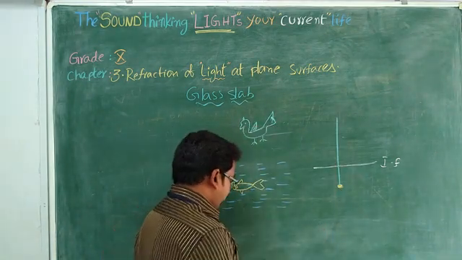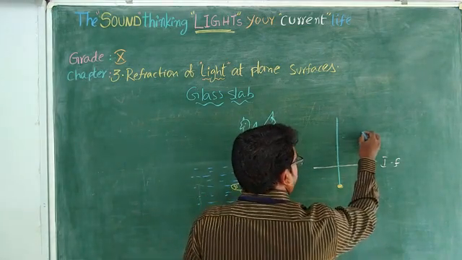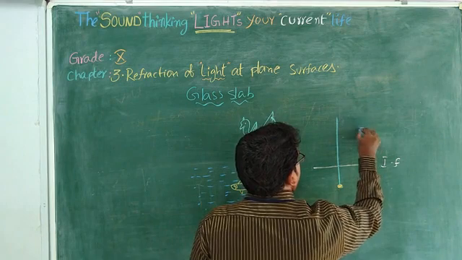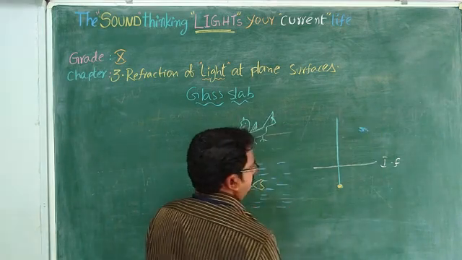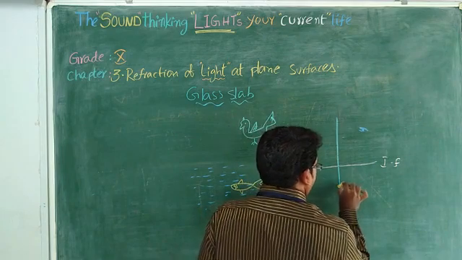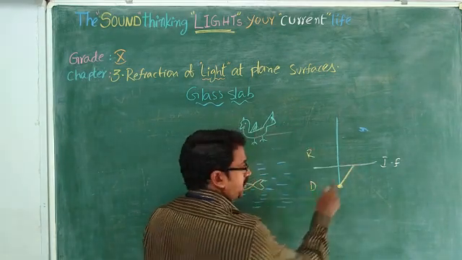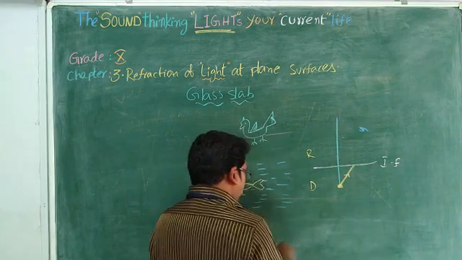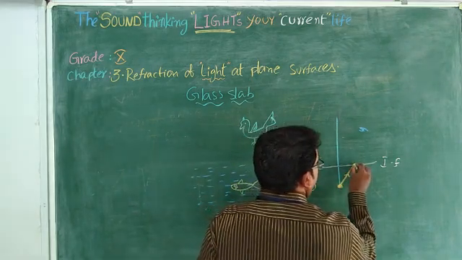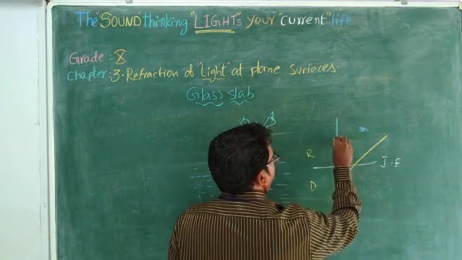The person is going to observe from somewhere else, and the light ray is coming like this. From where is it moving? From denser to rarer. Remember, denser to rarer. Then what happens to it? It will move away from the normal.